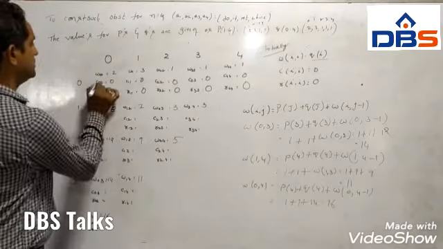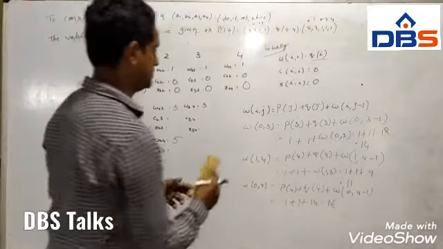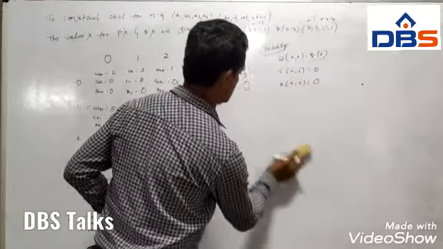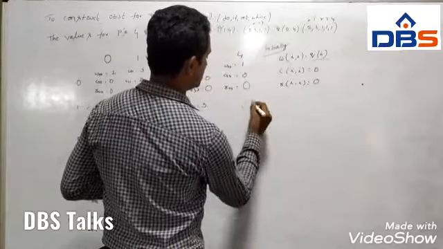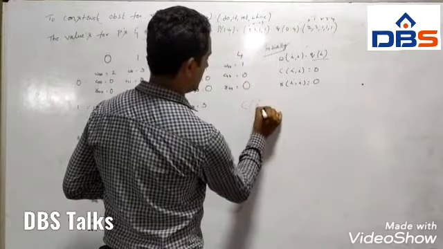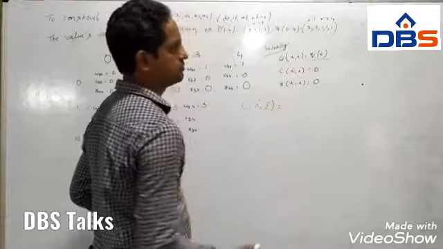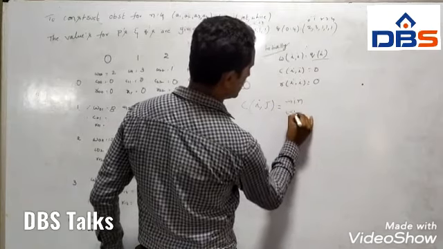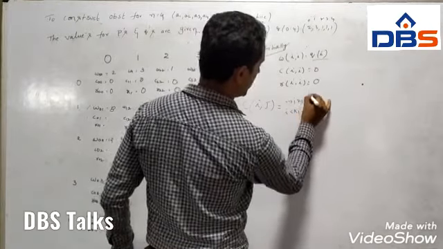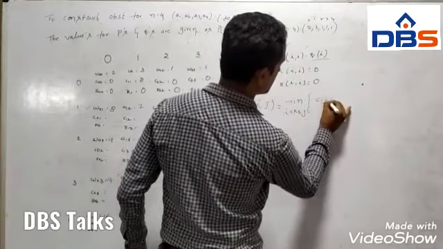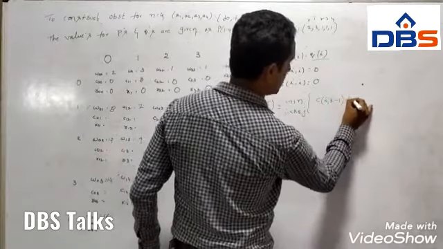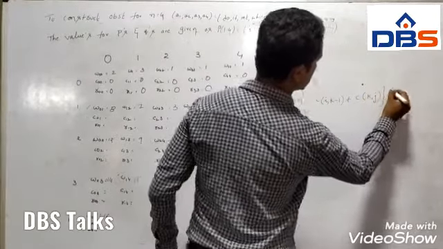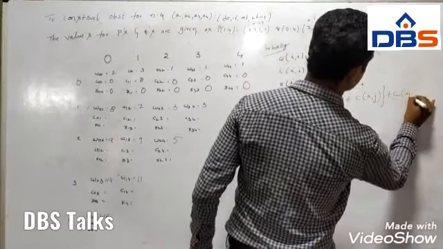Now we construct C01. So C of i comma j equals min over i less than k less than or equal to j of C of i comma k minus 1 plus C of k comma j plus W of i comma j.